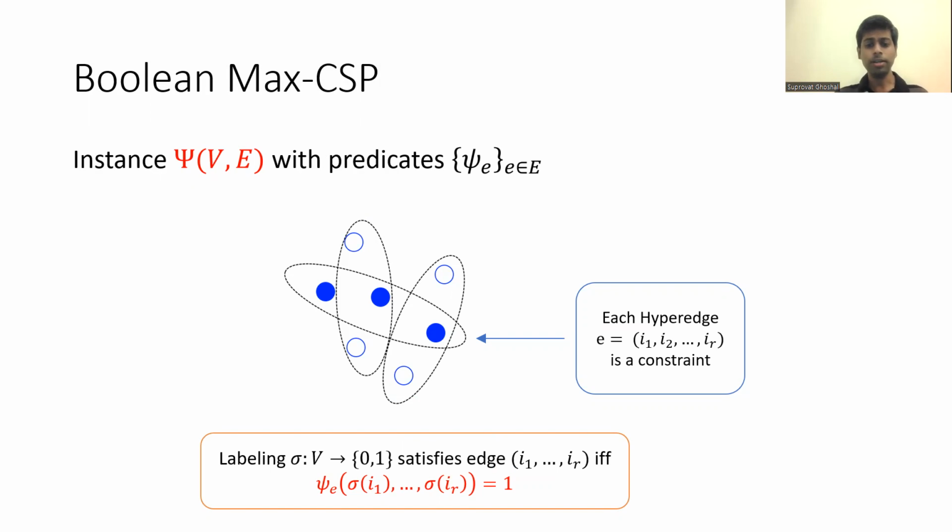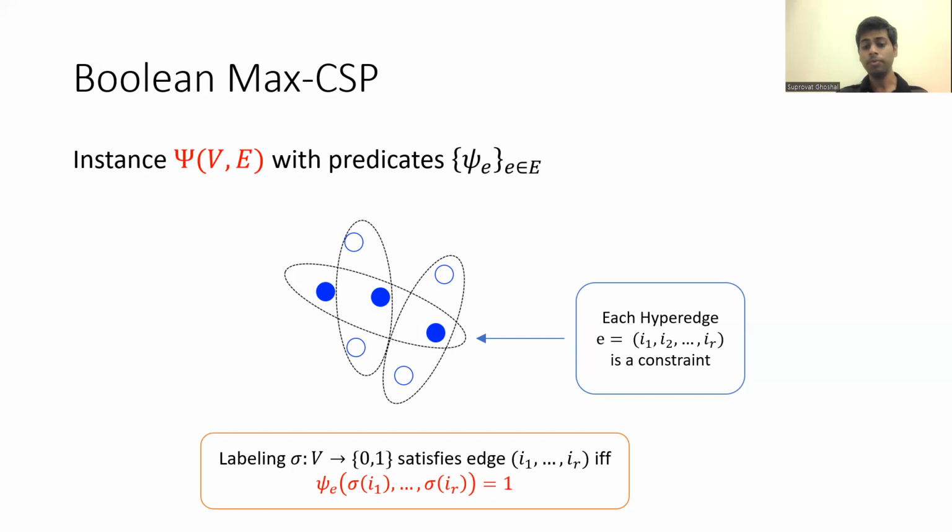In particular, if we are thinking of a Boolean labeling sigma of the vertices, and we are looking at an edge with I1 through IR being the vertices of the edge, we will say that sigma satisfies the edge if psi E evaluates sigma I1 through sigma IR to 1.